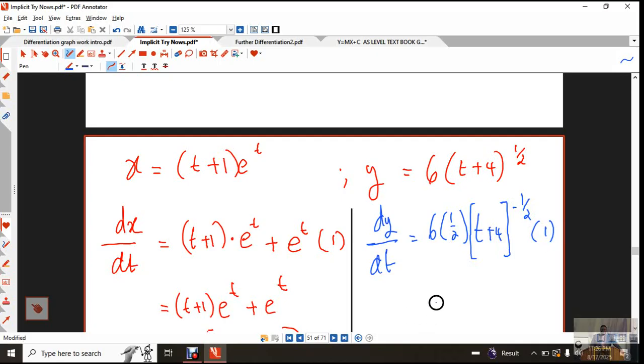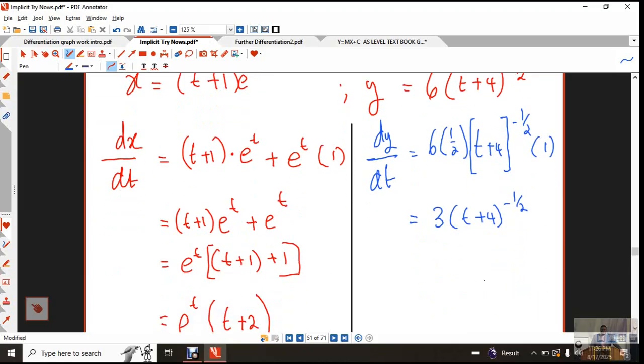Okay, so at the end of the day, you have got 3, and then you have t plus 4 raised to the negative a half power. Now, all of this can be written as 3 all over t plus 4.